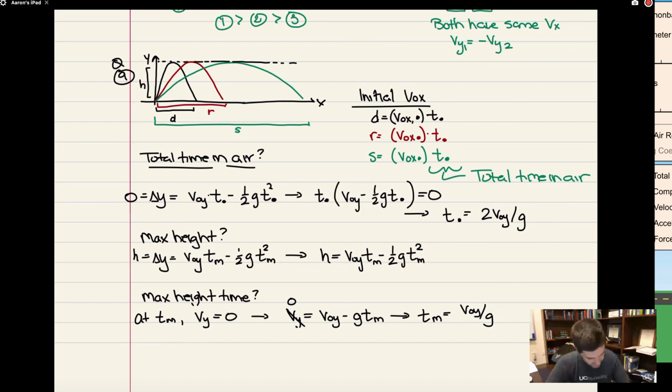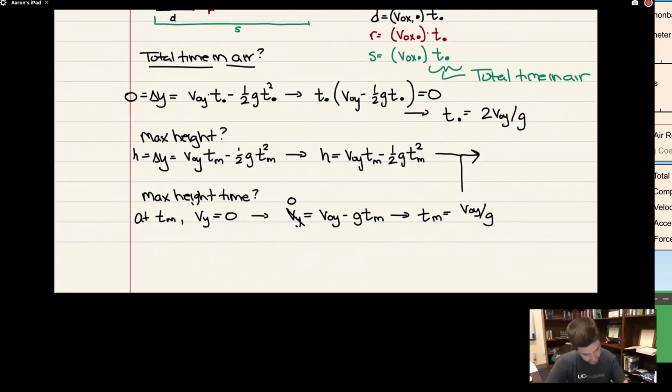Now the nice thing here is that I can plug this back into this expression and get an expression for h in terms of just velocity and g. So in this case, I'll just go right to the answer. You should convince yourself as well.